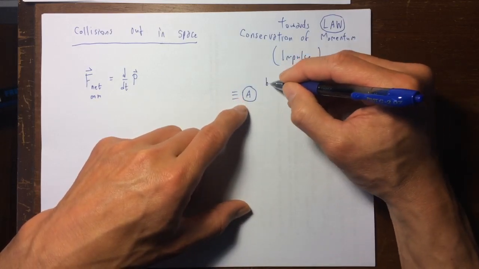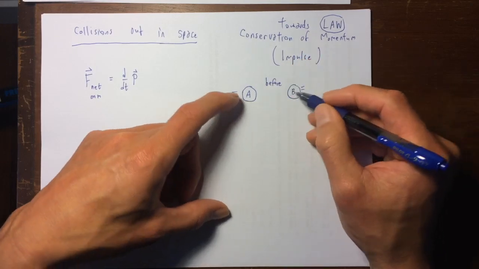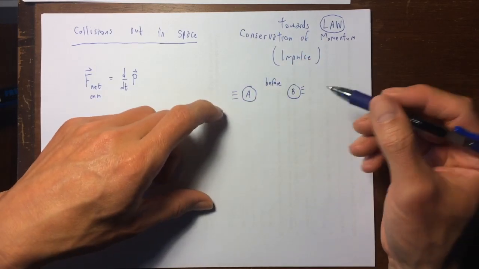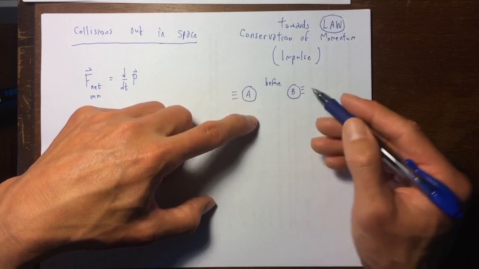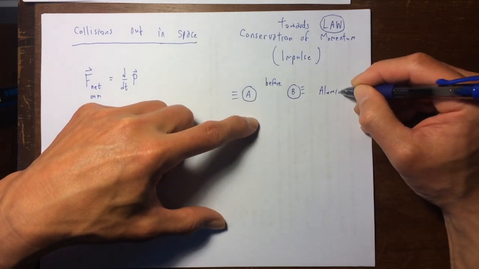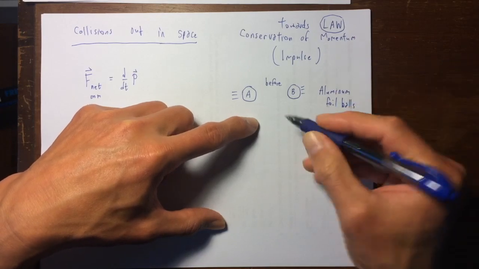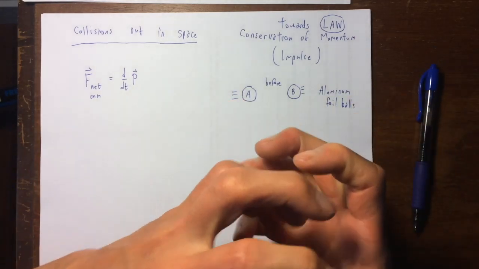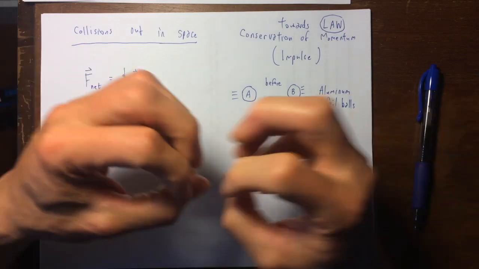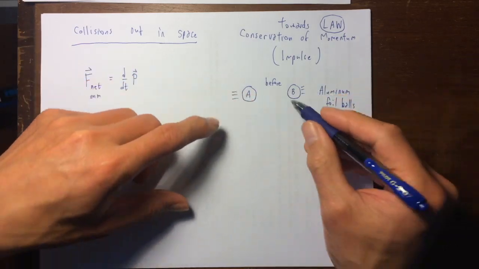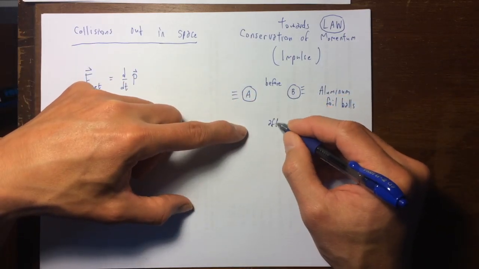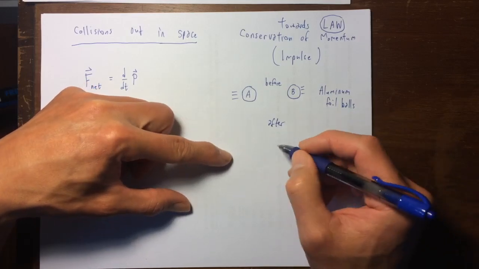So this, let's say, is the picture before they have their little crash, and we could say that they're aluminum foil balls or something like that. You just take two lumps of aluminum foil and you crush them up, and so you got these two balls and you throw them at each other. And after the collision, they may look like this instead.